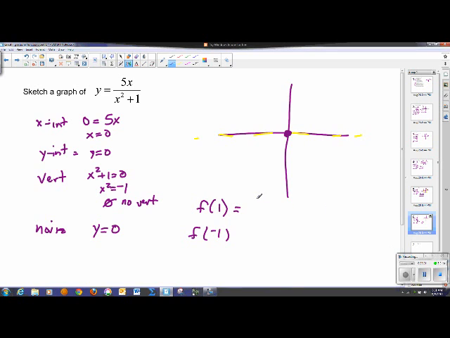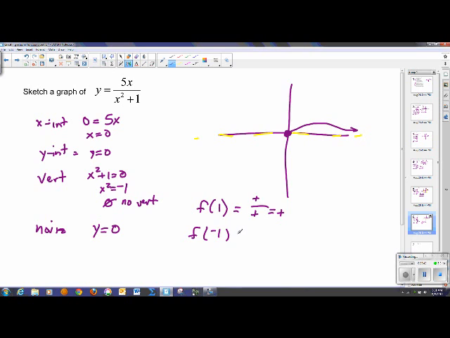When I plug in 1, I get a positive in my numerator. Denominator is positive. That equals a positive. So I'm above the axis in this case, but as I go to infinity, I must approach the horizontal asymptote. So it's got to come down.